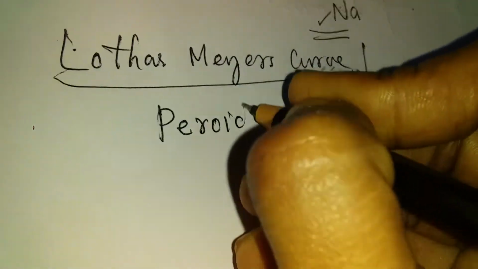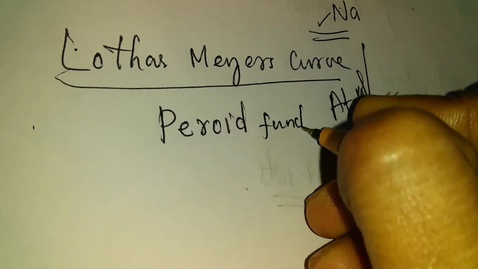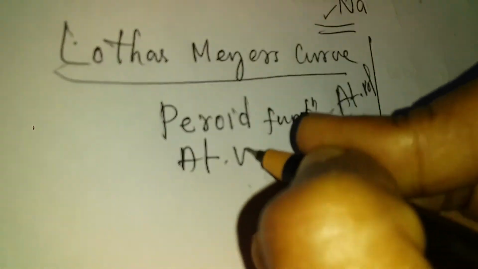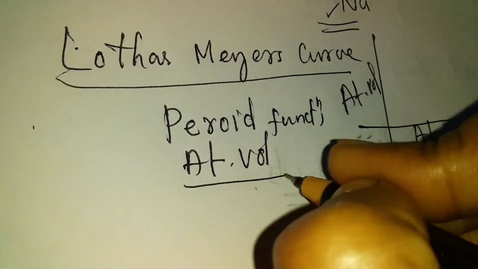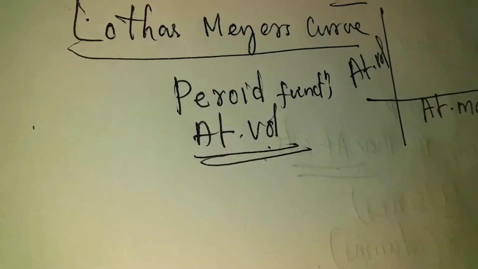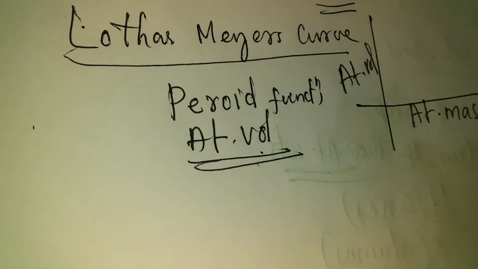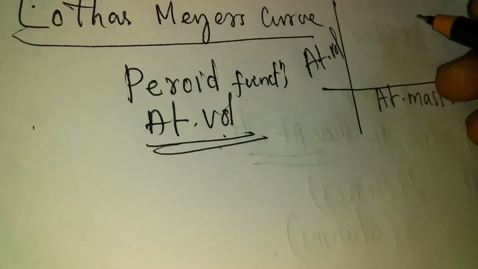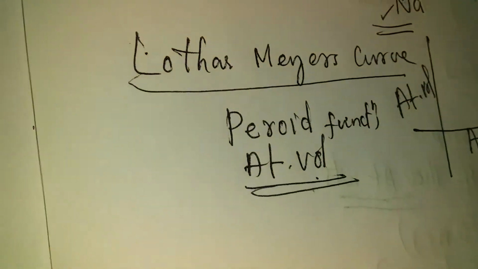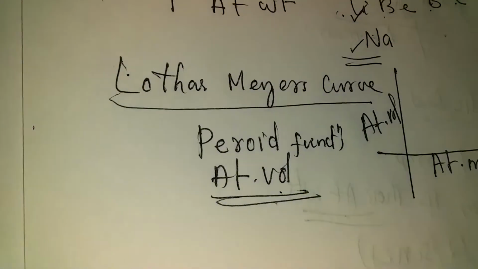So according to Lothar Meyer, the periodic function is atomic volume. The curve obtained was called Lothar Meyer's curve. We don't have to memorize the curve, so I am not going to mention anything more about it.